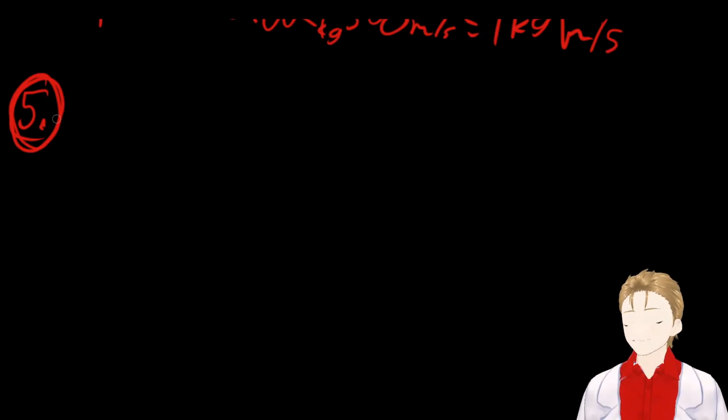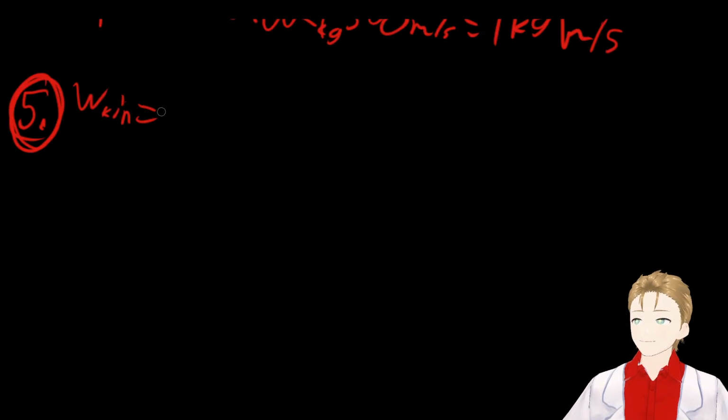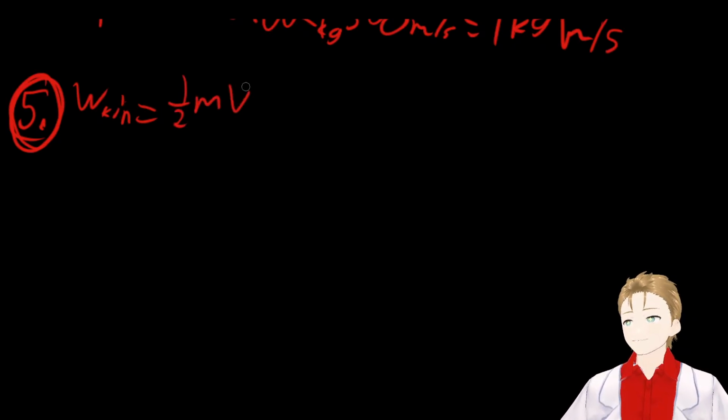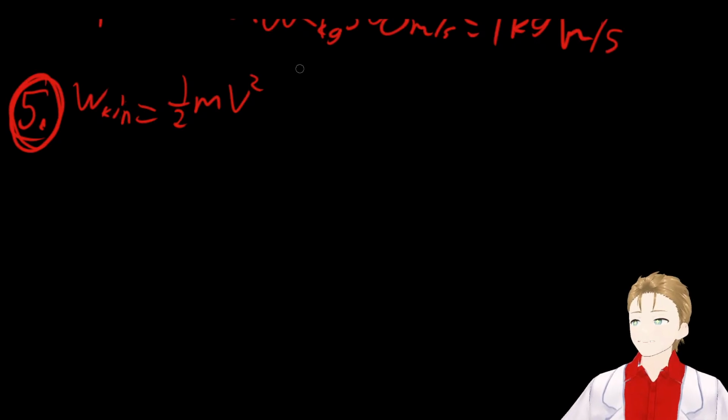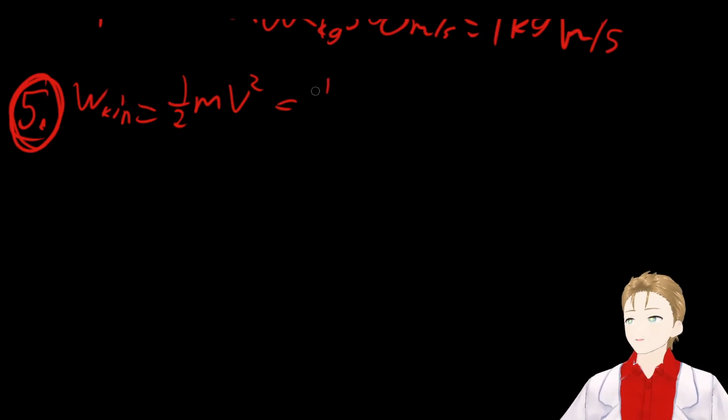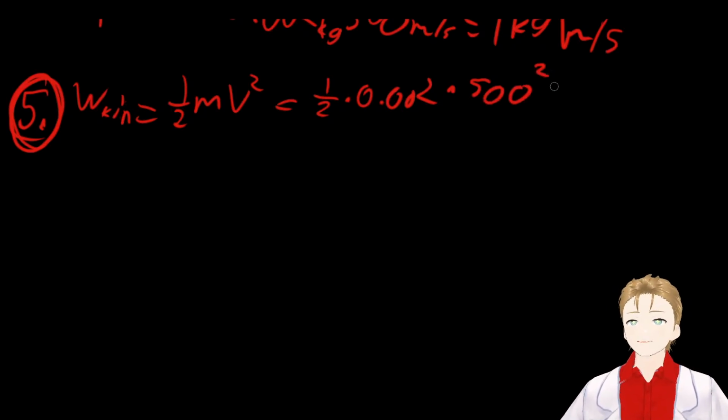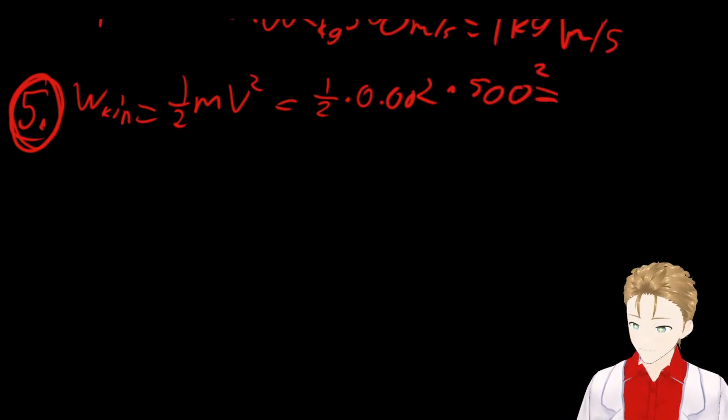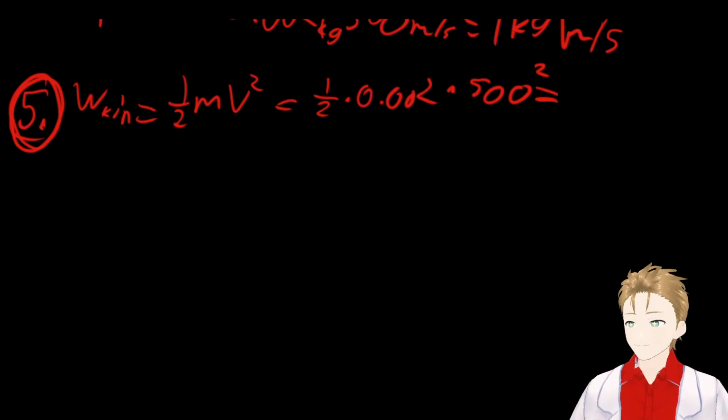What's the kinetic energy of each pellet? Kinetic energy equals 1/2 mass times velocity squared. Isn't it just 1/2 times 0.002 times 500 squared, divided by 2?